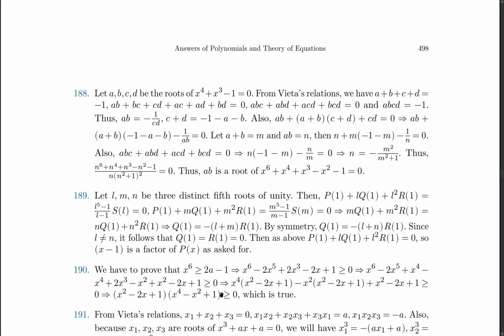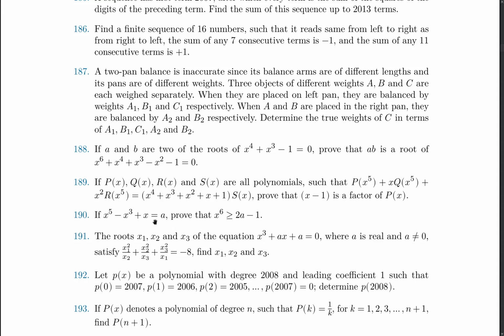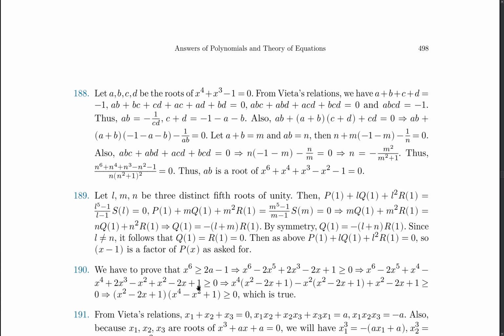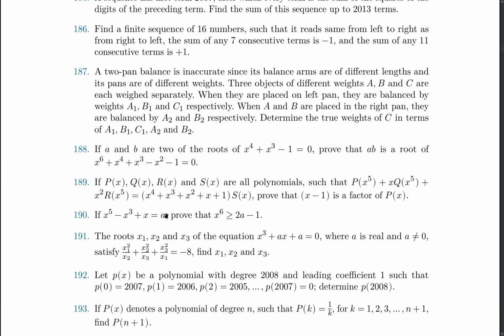And so if you ask me why this x^4 minus x^2 plus 1 is greater than 0, what we are looking at is a by x. Now, if you look at the value of x, consider x positive.